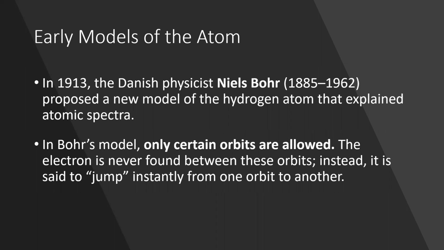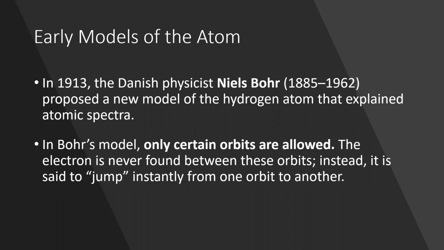So it wasn't until Niels Bohr, I hope I said that right, proposed a new model of the hydrogen atom. And he explained atomic spectra. This is where we get into the quanta. Remember, quanta was a mathematical model of the atom. So in Bohr's model, only certain orbits are allowed.